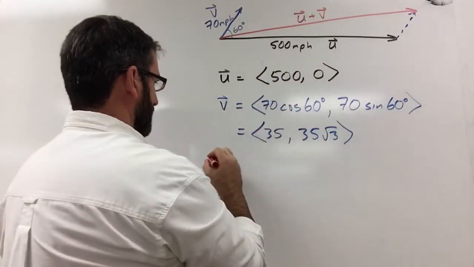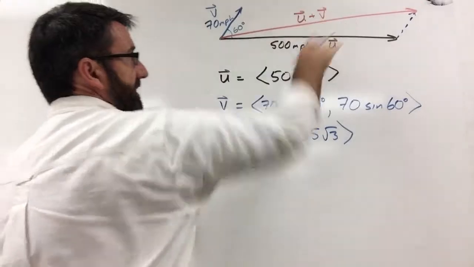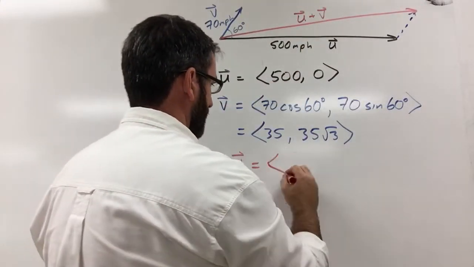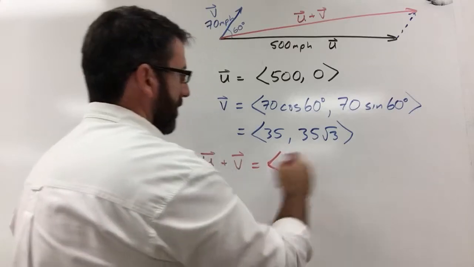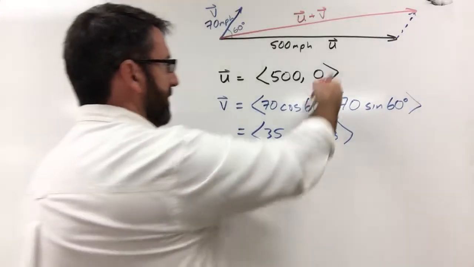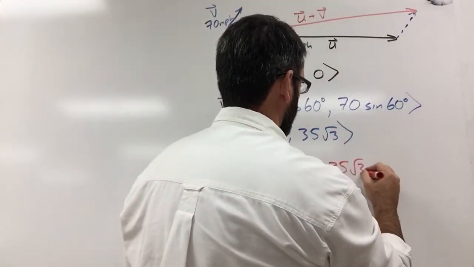We just add the components. So vector u plus vector v is 500 plus 35 for the horizontal component, which is 535, and the vertical component is 0 plus 35 square root of 3, which is 35 square root of 3.